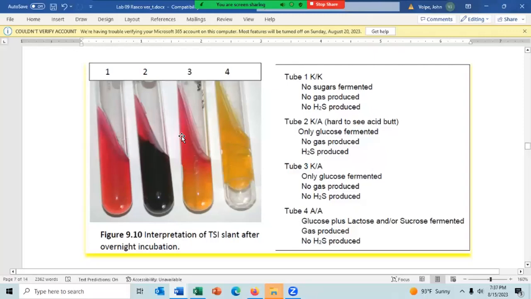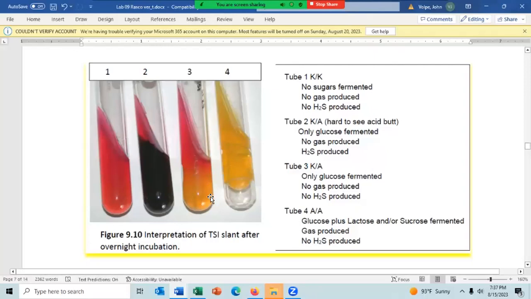But then the bacteria, rather than dying, start utilizing the protein in the media. If they utilize the protein, they start making amine and then release it as ammonia off of the amino acids. And then that's basic. That will change the yellow slant to reddish or pinkish.